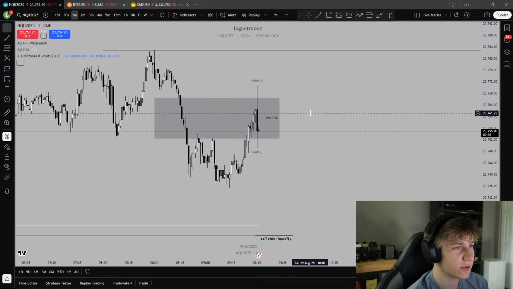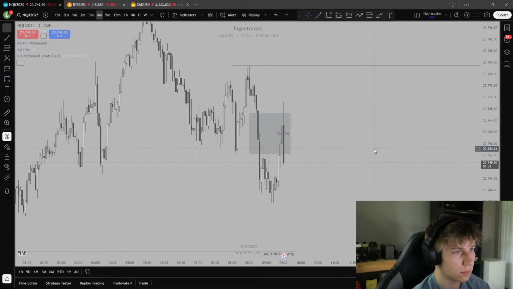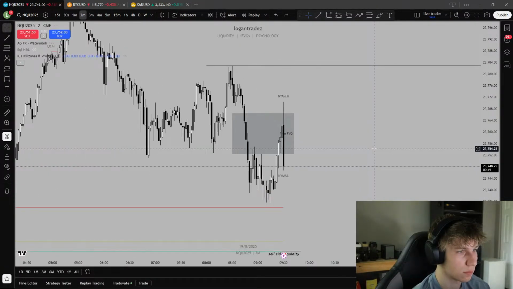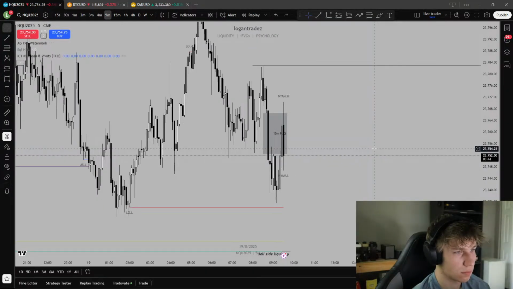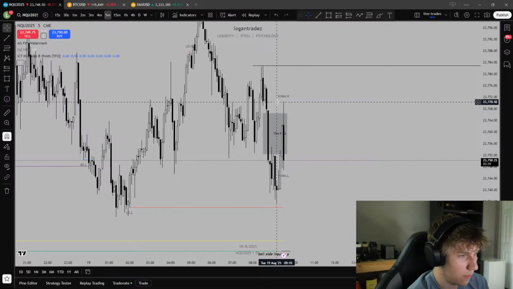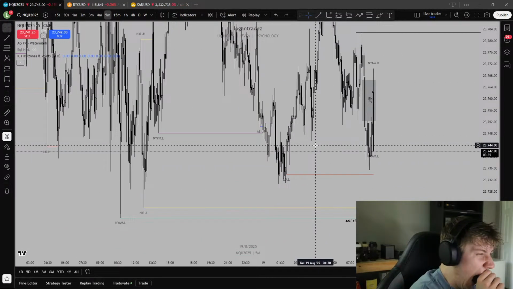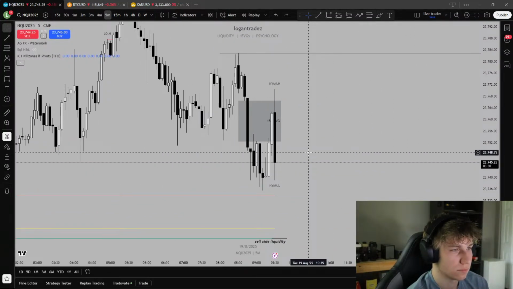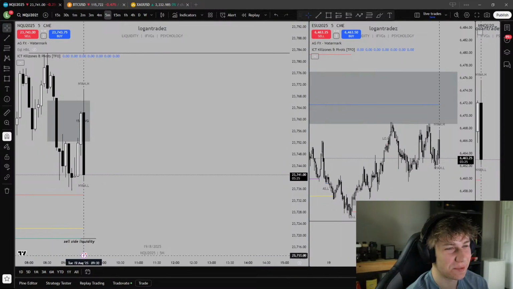Okay, so we left a 930 high and a 930 low here. That's why I said they're supposed to.